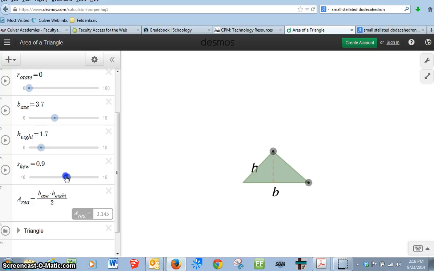My area hasn't changed. Over to the right triangle with the 90-degree angle on the left, my area hasn't changed. Over to the right triangle with the right angle on the right, my area still hasn't changed. And even when the height is outside of this triangle, the area doesn't change. All triangles with the same base and height will have the very same area.